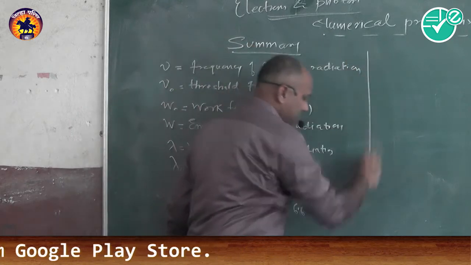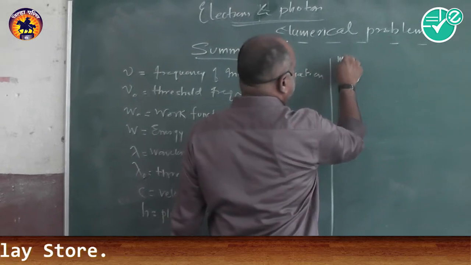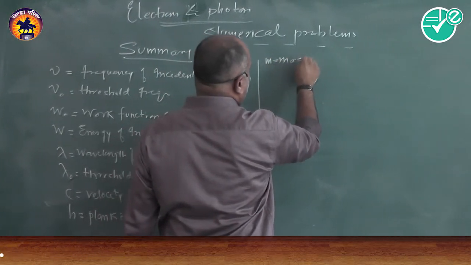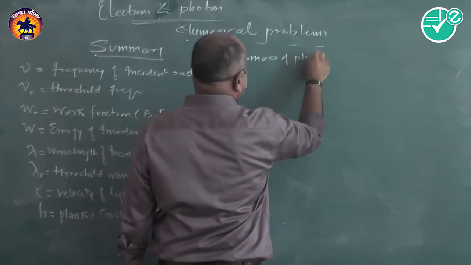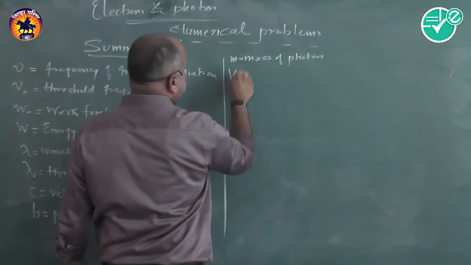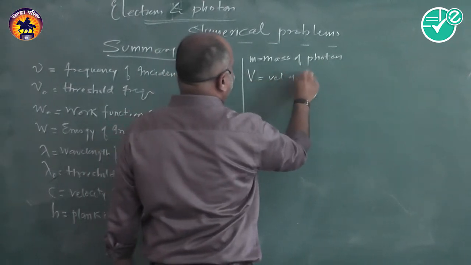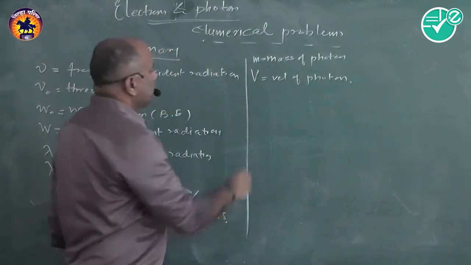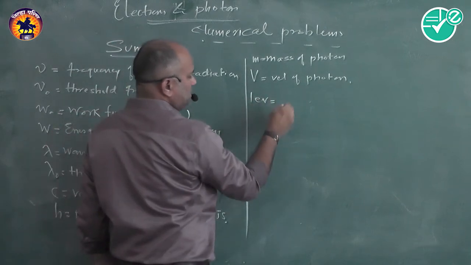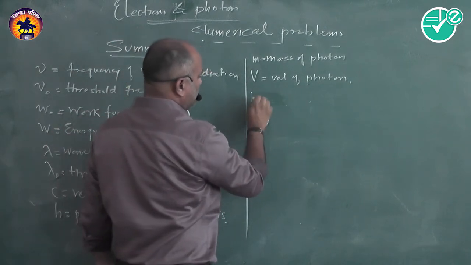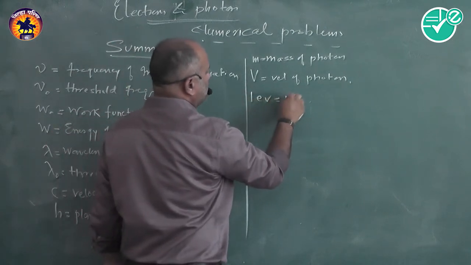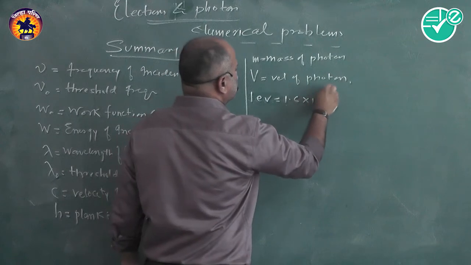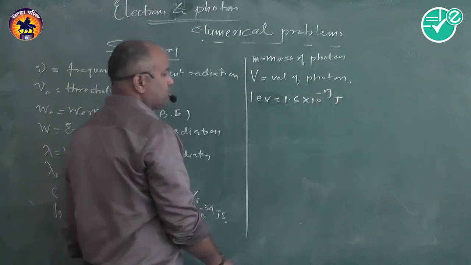Then m is equal to mass of photon. V is equal to velocity of photon. Then 1 electron volt is equal to 1.6 into 10 raised to minus 19 joule.